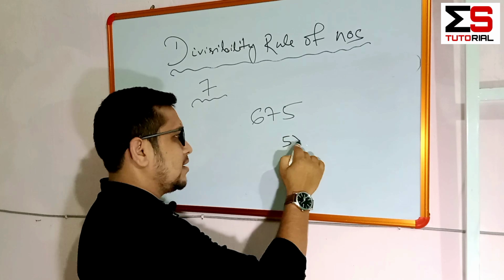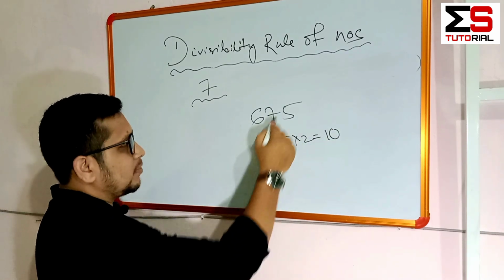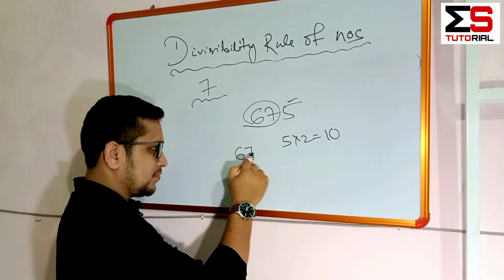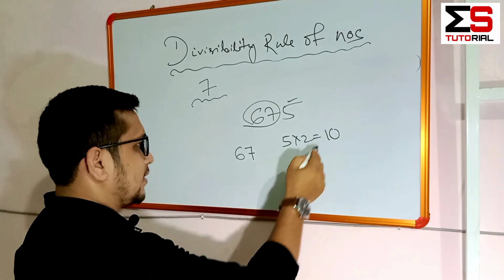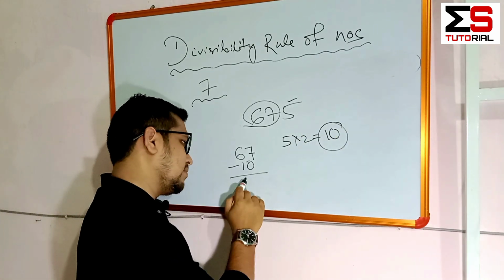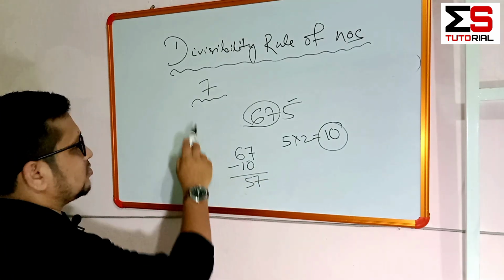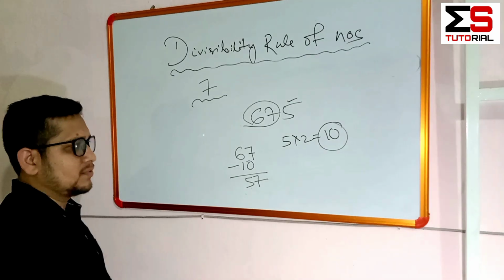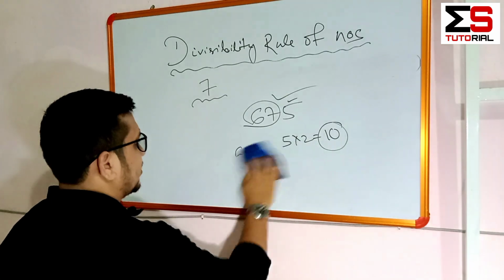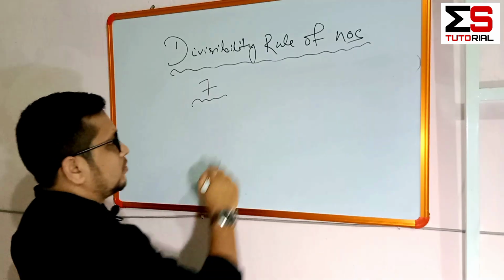That is 5 into 2 equals 10, and from the rest of the number, that is 67, we have to subtract this result, that is 57, and 57 is not divisible by 7, so this number is not divisible by 7. I am giving another example which will definitely be divisible by 7.